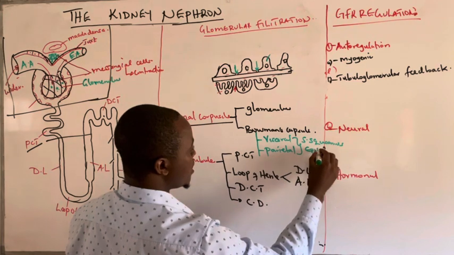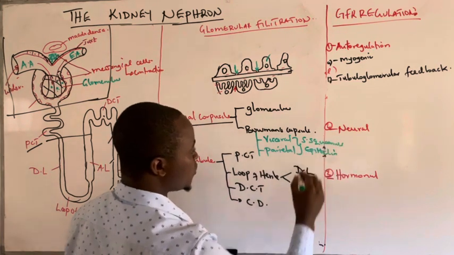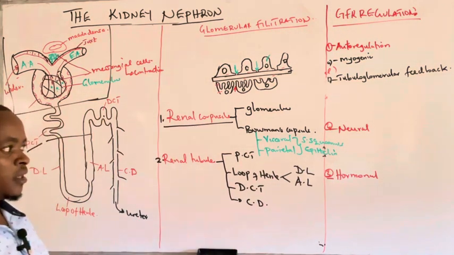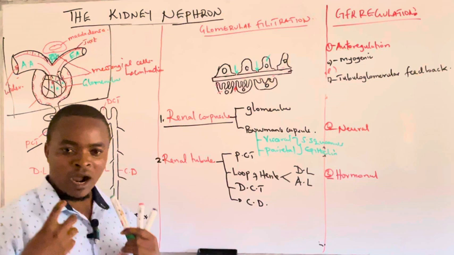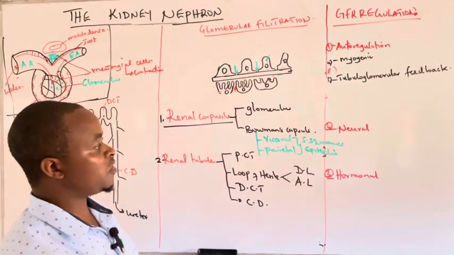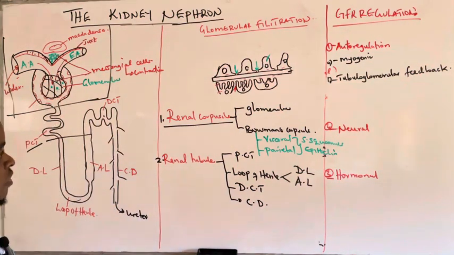So the epithelial lining is simple squamous epithelium. Why? To enable faster filtration during glomerular filtration.